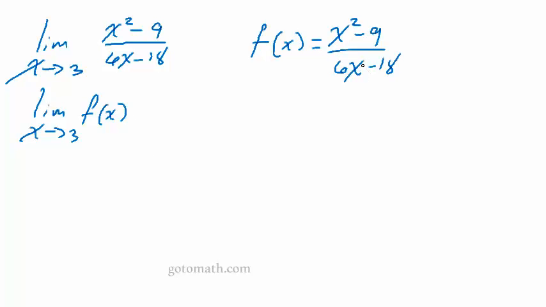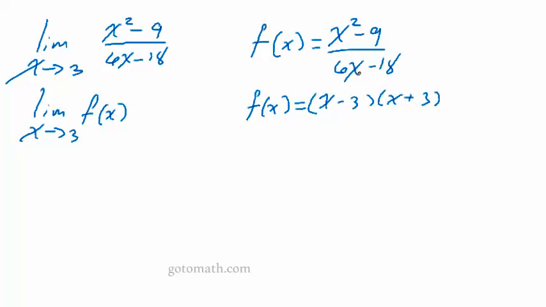Now the first thing I'm going to do here, normally this isn't the procedure for solving limits numerically, but we're just doing this for a little extra. If I factor the numerator, we end up with x minus 3 times x plus 3.